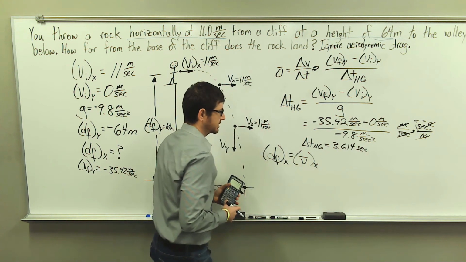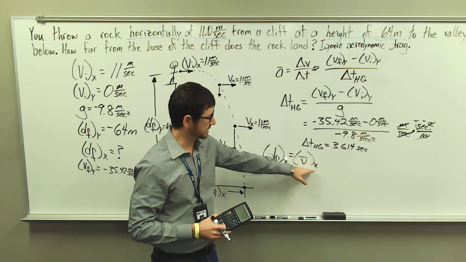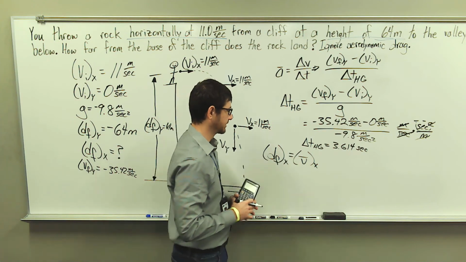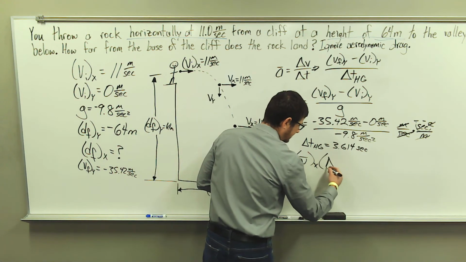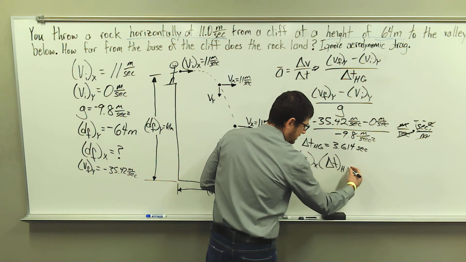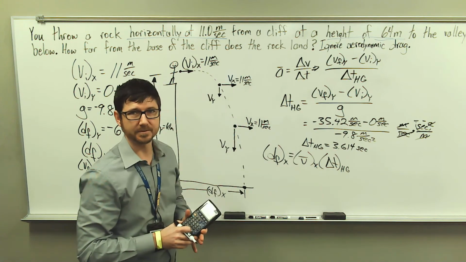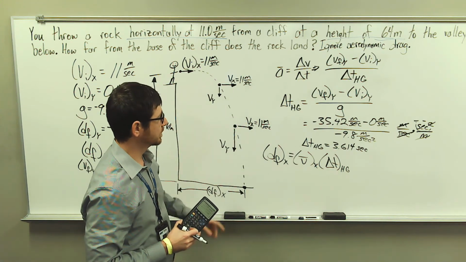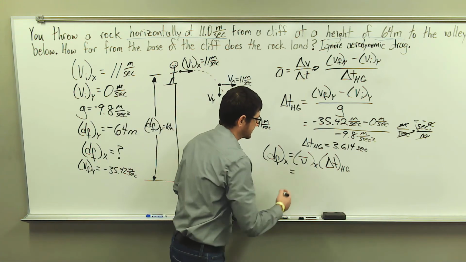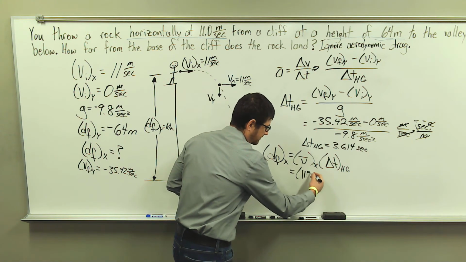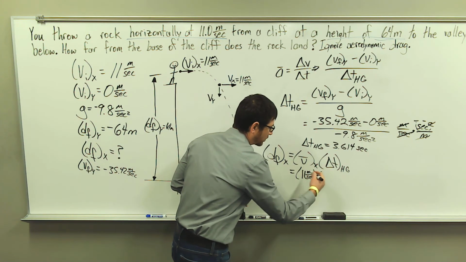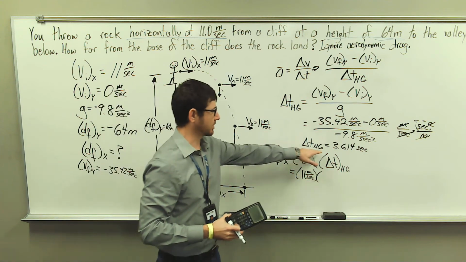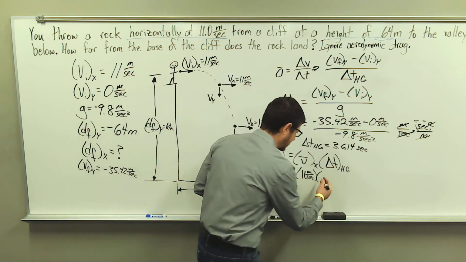So to be specific, I'm going to put a subscript of x here, and then multiply it by the time to hit the ground, okay? So we have constant velocity in the x direction, 11 meters per second. We're going to multiply that by the time to hit the ground, 3.614 seconds.